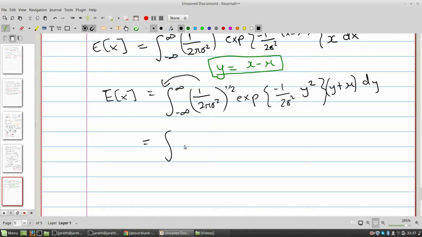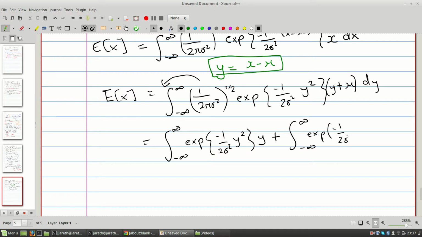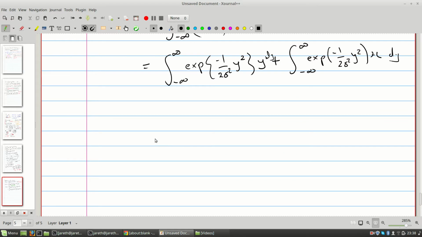This is the integral between minus infinity and infinity of the exponent of minus 1 over 2 sigma squared y squared times y, plus the integral from minus infinity to infinity of the exponent of minus 1 over 2 sigma squared y squared times mu. All of these are with respect to y, of course, dy. So this is what we're left with.